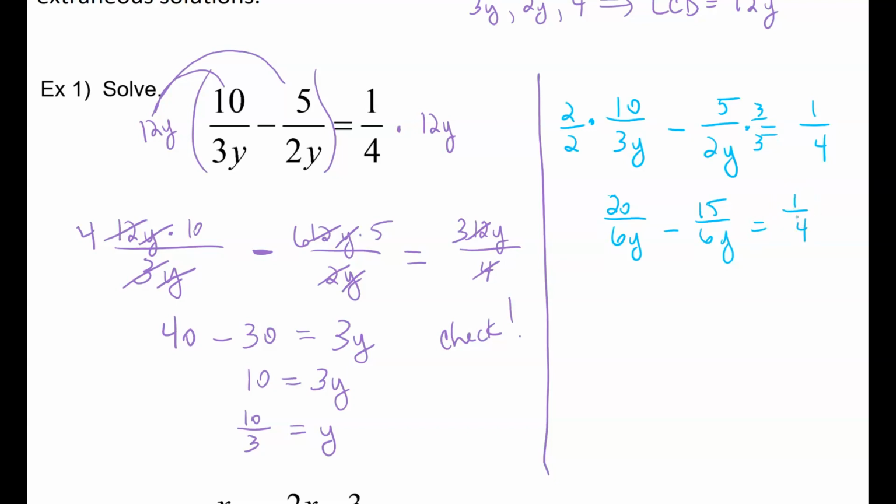Now I have a common denominator on the left, so I can put these into 1. 20 minus 15 is 5 over 6y equal to 1 over 4. And again, what kind of problem do we have now? How would we go about solving this one?